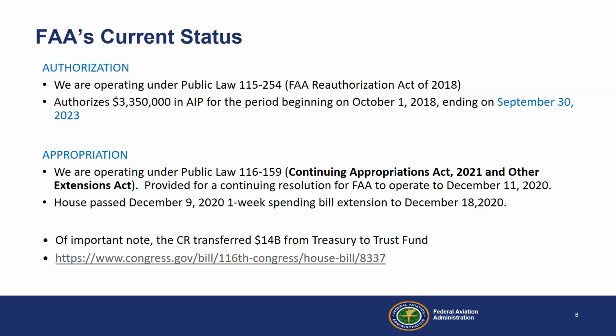That number is important because in legislation, if we dip below that 3.35 billion, we cannot run the non-primary entitlement calculation, which means that magical $150,000 that each non-primary entitlement airport receives each year would not happen if we were not authorized to collect up to that point.